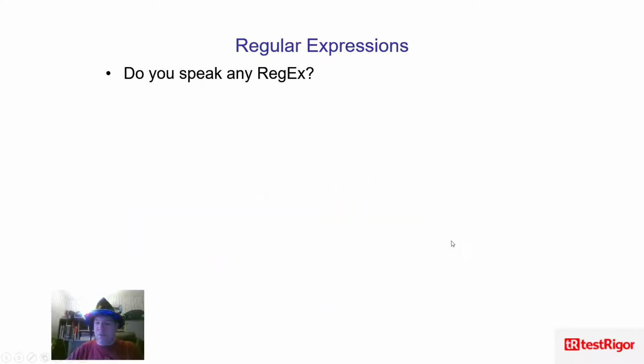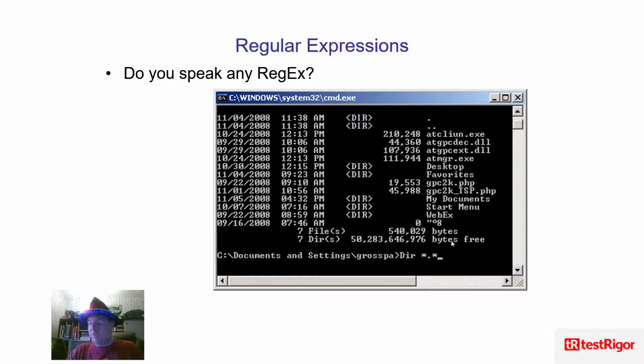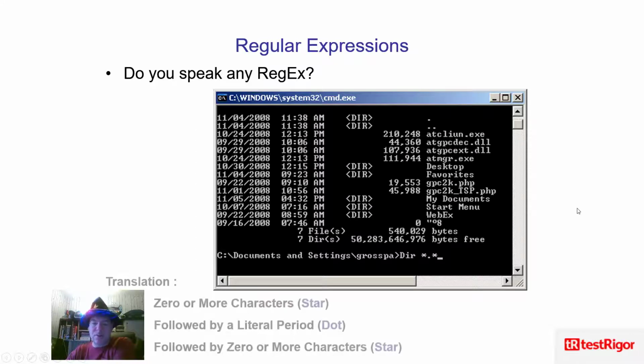So, the first question you might have, I don't speak regex. Well, actually, you might. If you've ever worked with the command prompt, and you've done something like dir star, you've probably written at least 2 of the regular expression characters out there. And this is actually a translation down here. Check it out. The star means 0 or more characters right here.